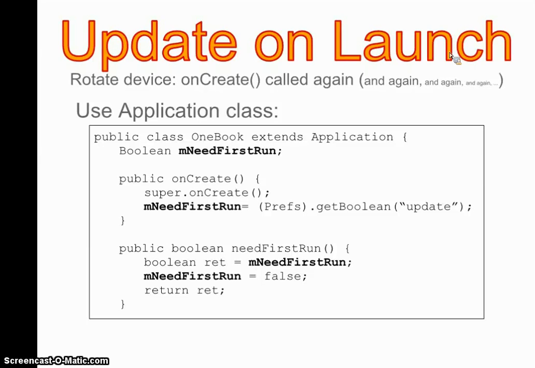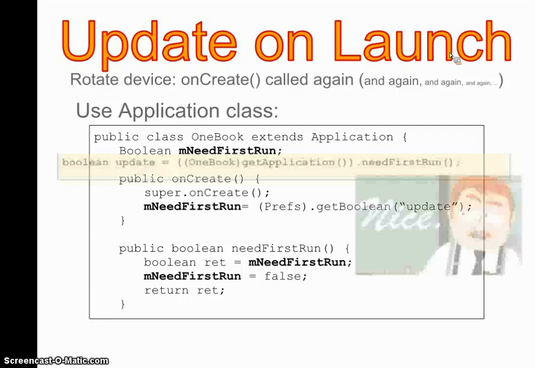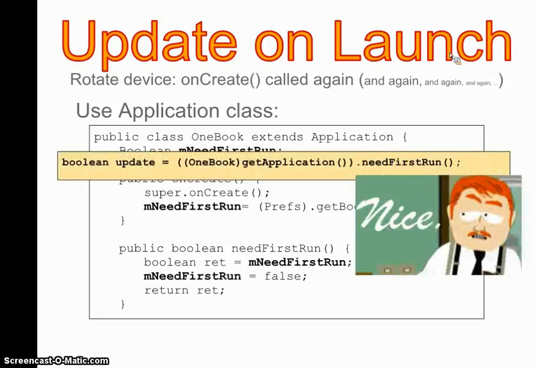If it's true, then my main app will grab the need-first-run function, and as soon as it's grabbed, it sets it to false. So in my main activity, I only need to say get application need first run, and I'm good to go. And that's about it.